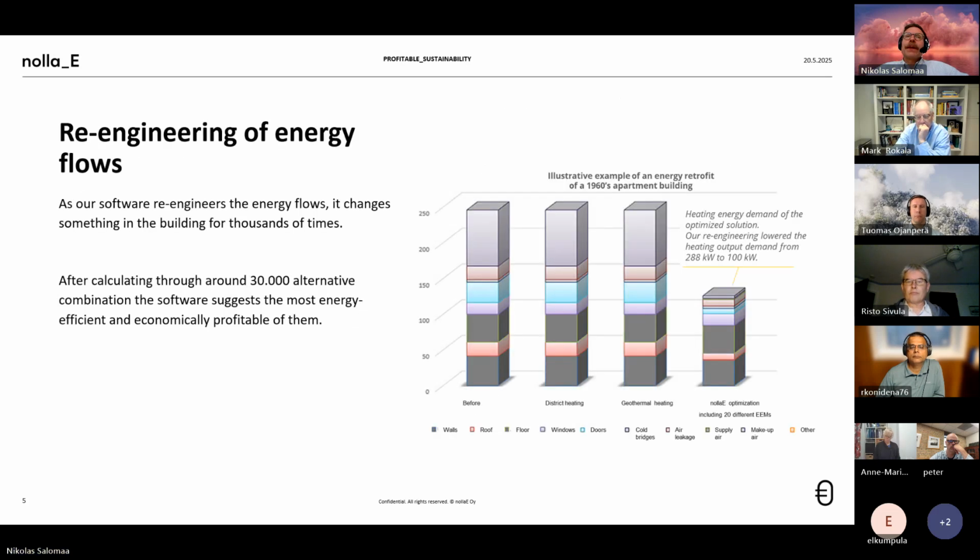The starting point was that they had oil heating in this building, and they wanted to switch the heating source from oil to something else. And in Finland, if you want to switch oil to something else, the typical alternatives are district heating or geothermal heating.